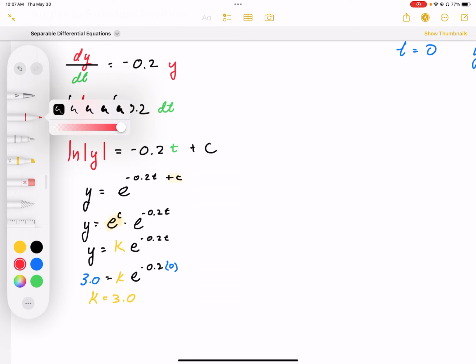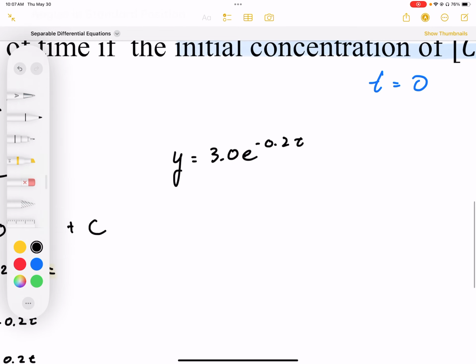So now we have our equation. It's going to be y equals 3.0 e to the negative 0.2t. Again, notice that our end amount is our y, or our final concentration of CH4, and that's equal to the starting amount, which is 3.0 molar, e to the negative 0.2t.